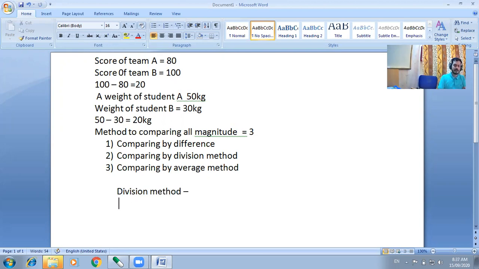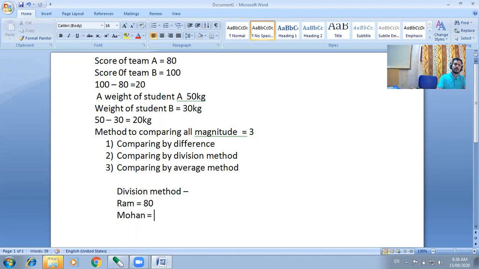Suppose the marks of student Ram equal 80 marks, and Mohan scores 120 marks.